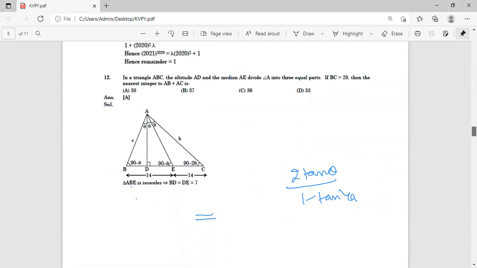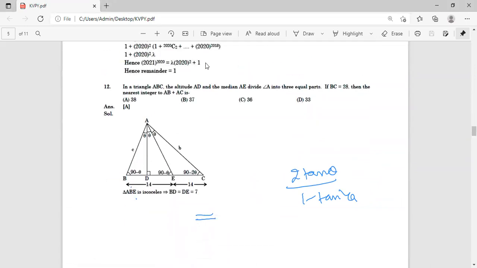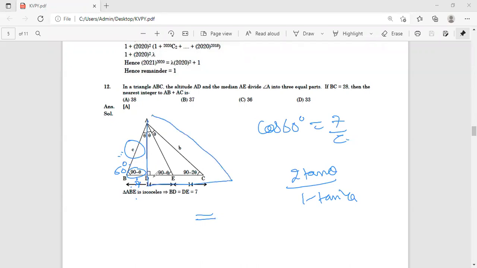So rest of the question is straightforward. Theta is 30 degree here. So this becomes 60 degree. So cos theta is base upon hypotenuse. So cos 60 degree is 7 by C. You can find C from here. Okay. And in this triangle, you can find B from here.